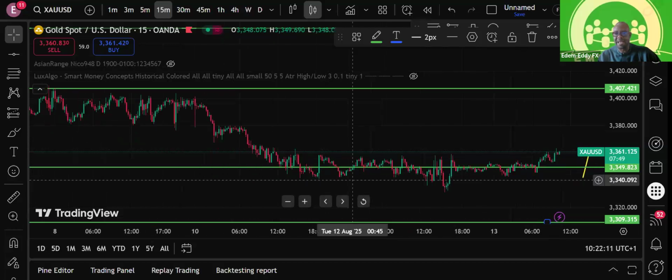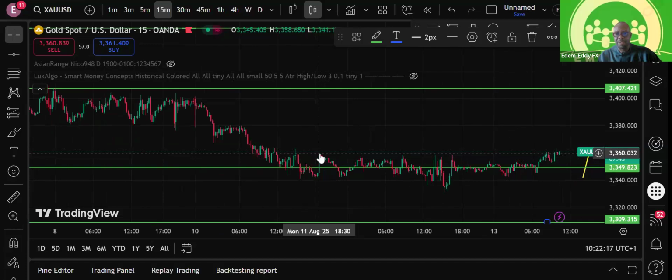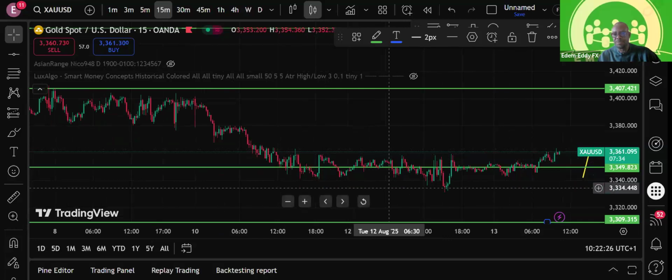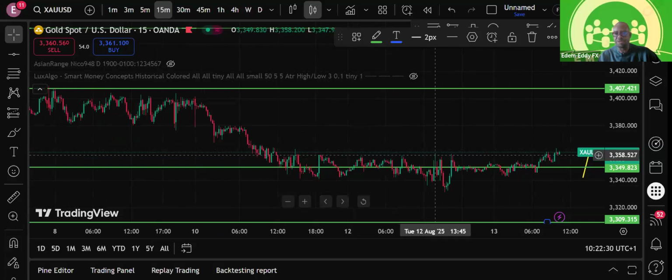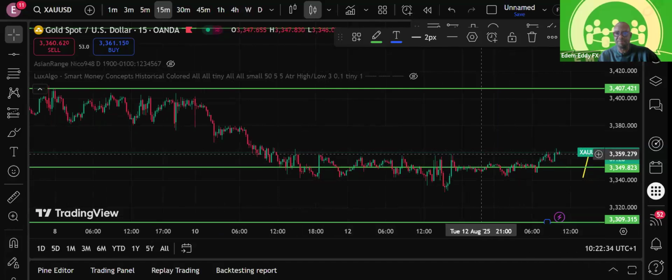The market has been ranging, and all of us can bear witness that it has been within this corridor of 3363 to the corridor of 3331. So within this zone, the market has been ranging.